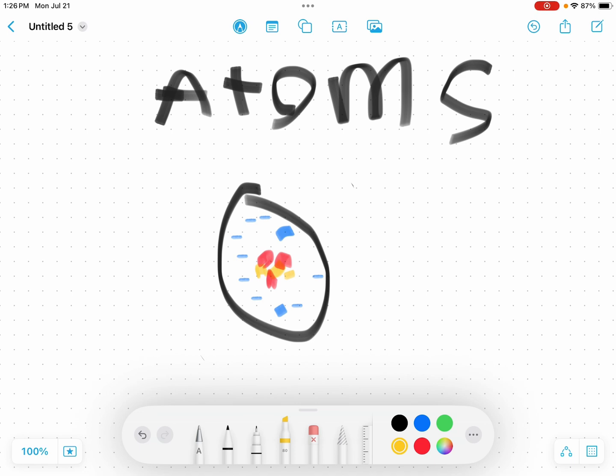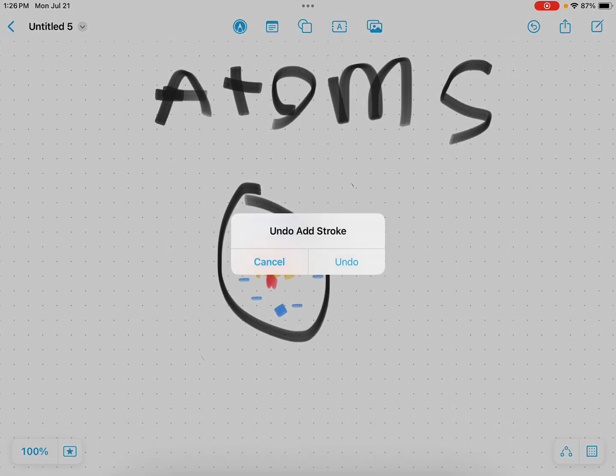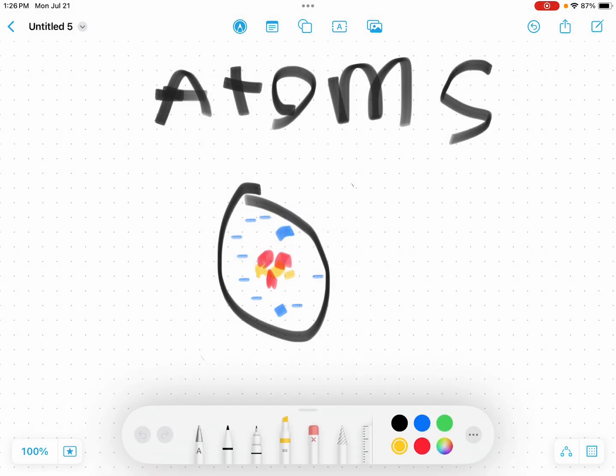So the amount of protons in an atom defines the atomic number of the element. So, like, let's say there are 6 protons in an atom. So that would mean there would be 6 electrons for it to not go haywire. And then, for that, you would have your atomic number.